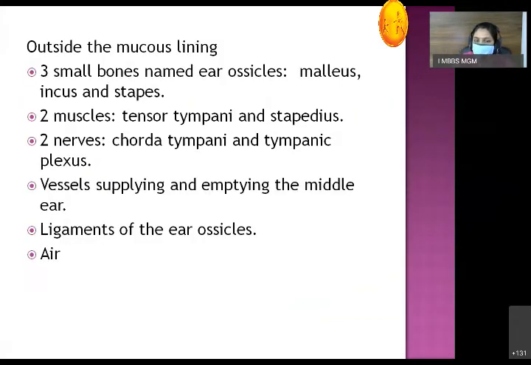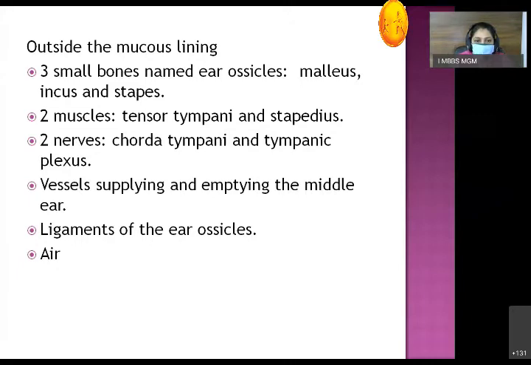What are the structures present outside the mucous lining in the cavity? There are three small bones named the ear ossicles: malleus, incus, and stapes.